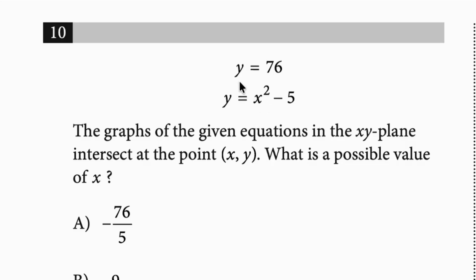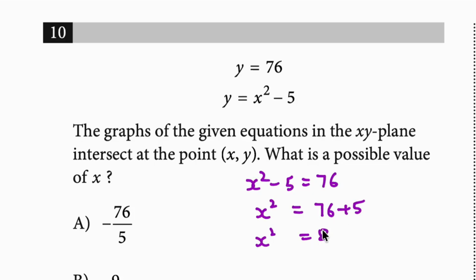Because we are solving the simultaneous system, so now we have to find one solution. We can equate this is equal to y and this is also equal to y. So that means x squared minus 5 is equal to 76. We have to calculate for x. So adding 5 on both sides, 76 plus 5, x squared is equal to 81.